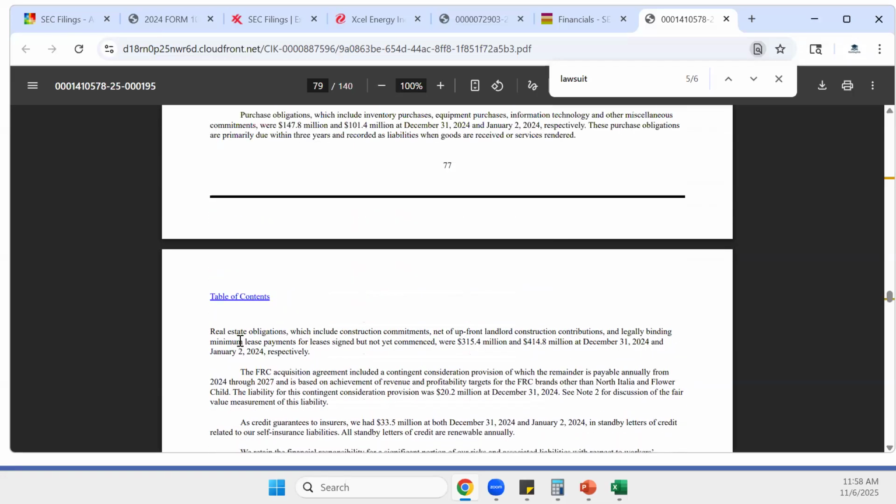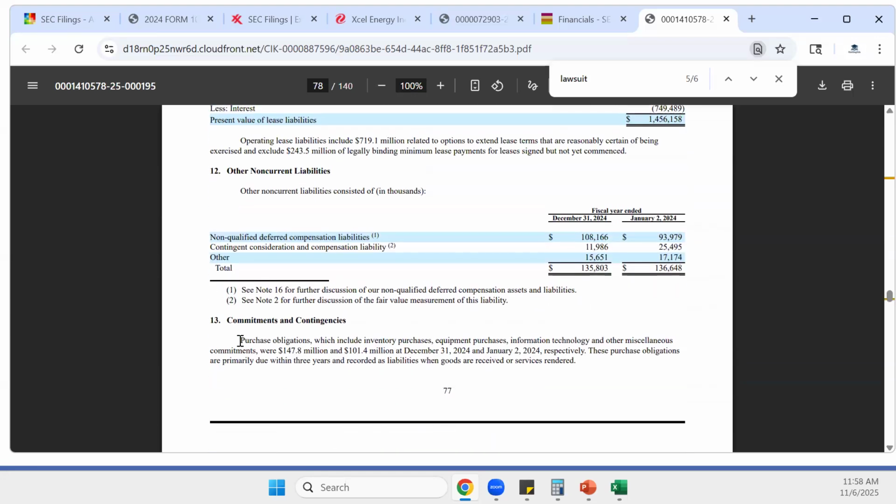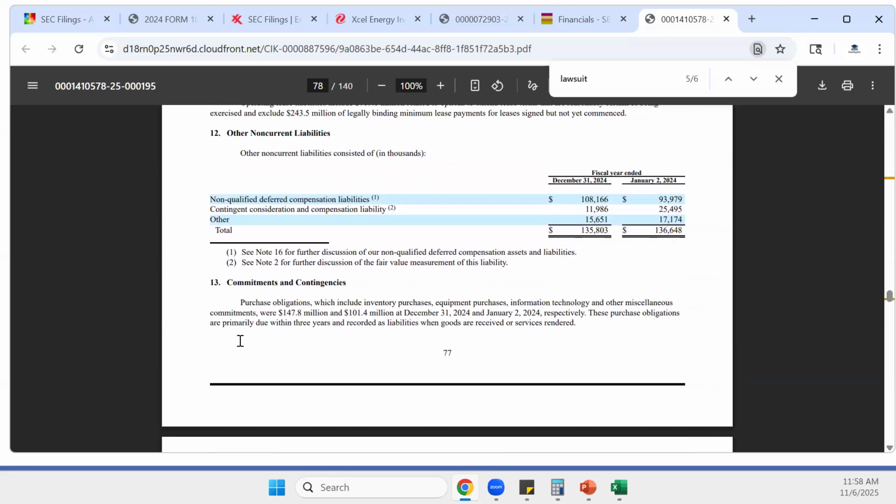Okay, so here is note 12, other non-current liabilities. They have non-qualified deferred compensation liabilities of $108 million. So that would be pensions for Cheesecake Factory employees. That would be included in deferred compensation liability, and then contingent consideration and compensation liability. This could be a contingent bonus, something that could be a contingent liability.